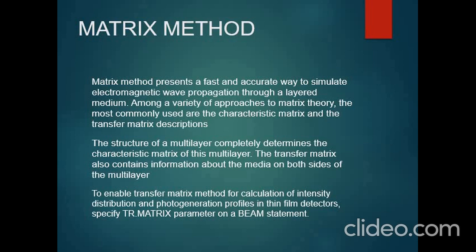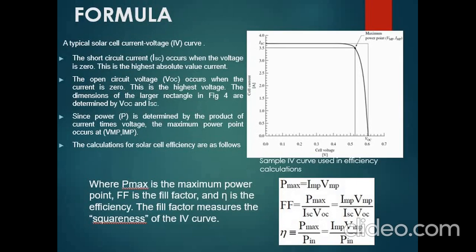So now comes to the formula part. I am not going to read this; you can read these lines, which are also explained here. You can understand it like this. If you apply zero voltage, the current is ISC, and if you apply zero anode current, or you can say cathode current, then the voltage is VOC.